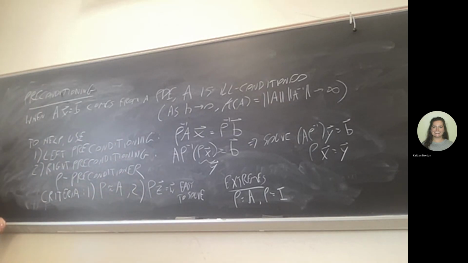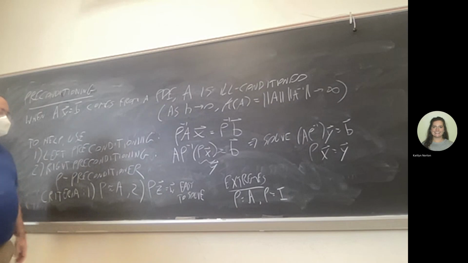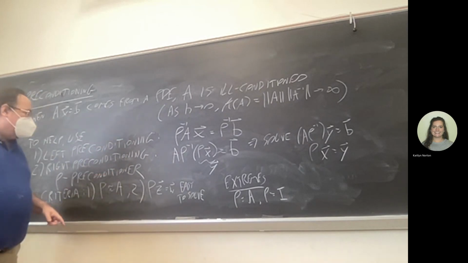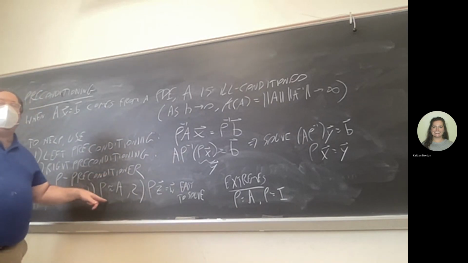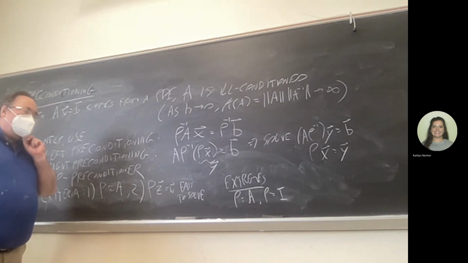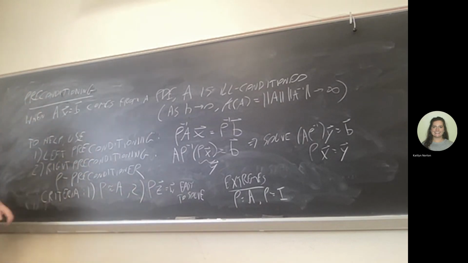If you set P equal to identity, this system is trivial to solve, but then you have no help with this criterion. So you're choosing something in between to try to find the right balance between making a preconditioned system easy to solve and also making the transformed Ax equals b problem have a matrix closer to identity.